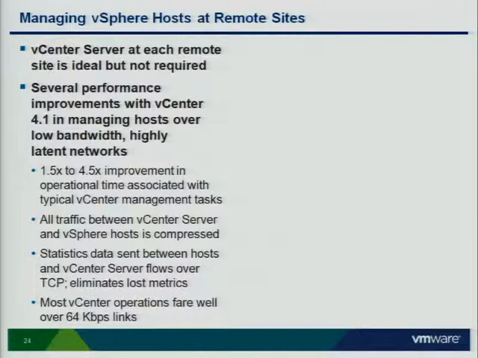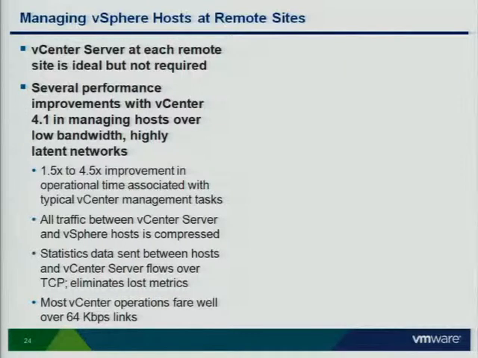A team of engineers and TSO folks studied satellite links and high latency, low bandwidth links. In addition to all of these findings, they figured out that in most cases, most vCenter operations will work fine even over a 64 kbps link. So a lot of good things here, but there are certain considerations to think about.